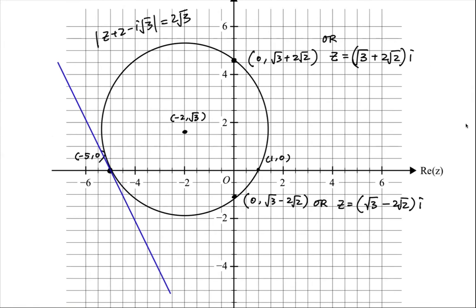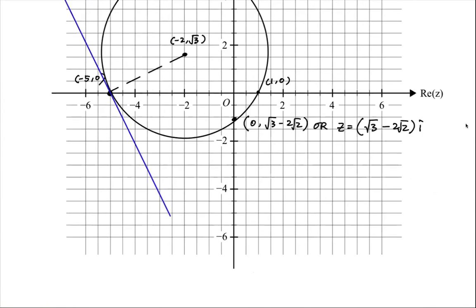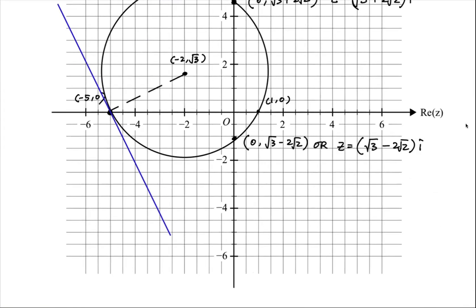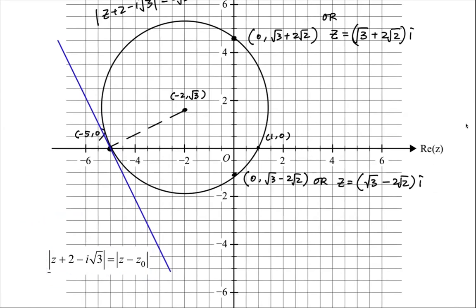But then we should realize a tangent to the circle must be perpendicular to its radius, which means, looking at the form of this equation, one reference point is actually the center of the circle. Another reference point, z0, should be equidistant to the blue line, the blue tangent we just drew, okay?